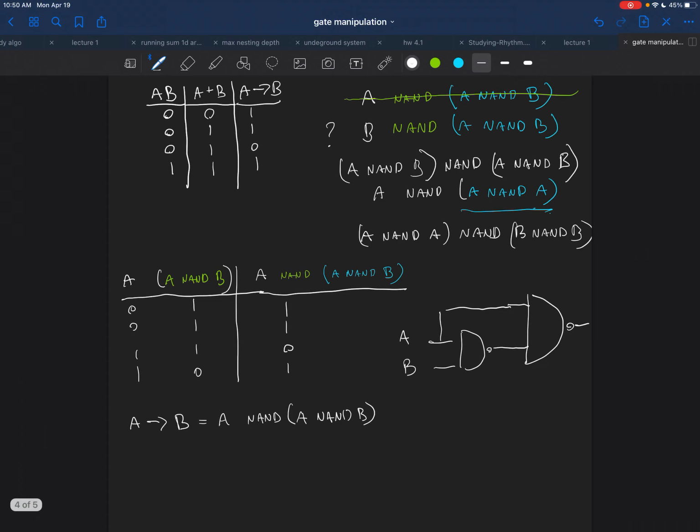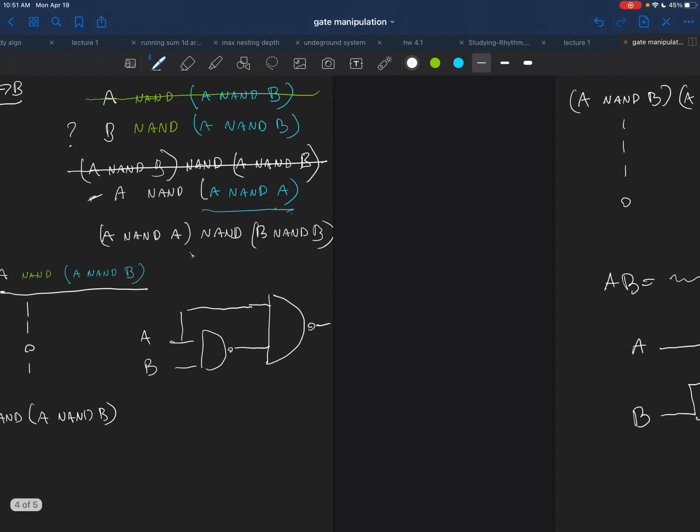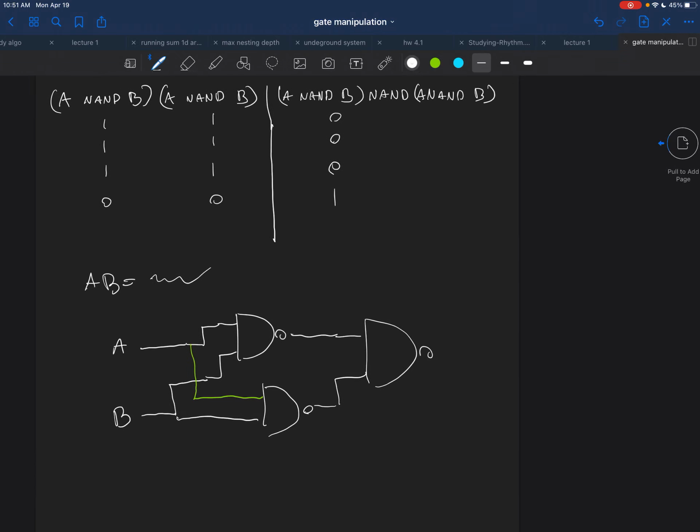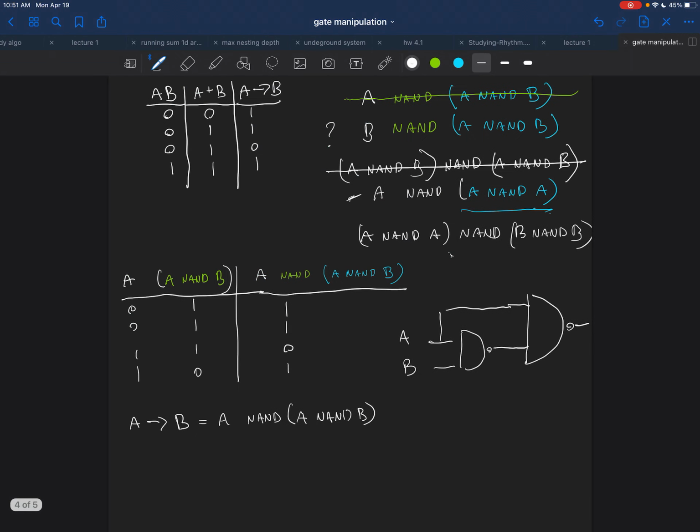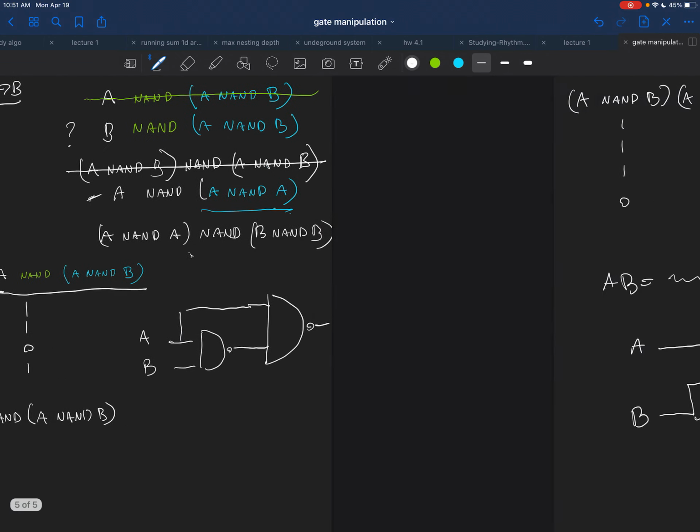And finally, we want A or B. Well, let's see what happens. So our other permutation we wrote, well, this one's not going to be it, so this one we can cross off. We've done. And this one looks promising. So that's A NANDs on one side and B NANDs on the other.